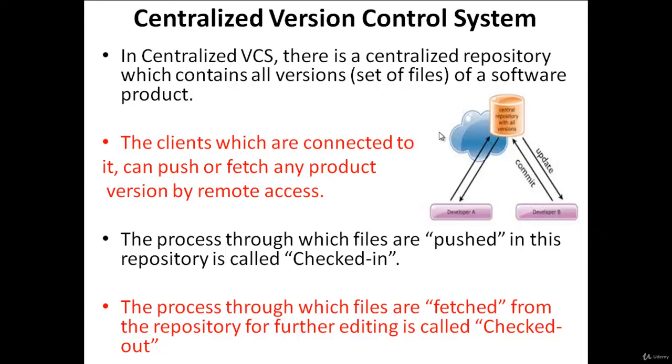It could be SVN, it could be VSS. There are many centralized version control systems available in the market, right? And the process of fetching the code from the centralized repository is called checkout, right? So these are the two most important terms used while working on a centralized version control system. Either you can check in your code or you can check out the code from the centralized repository, right?